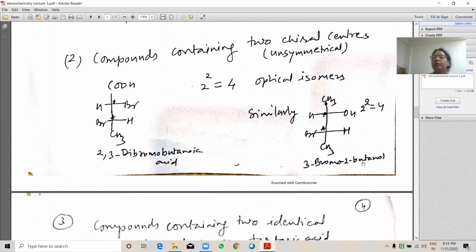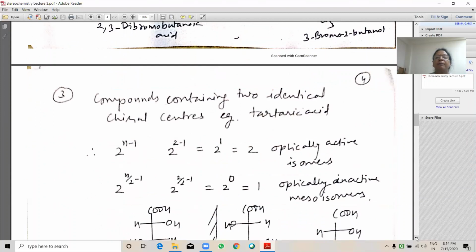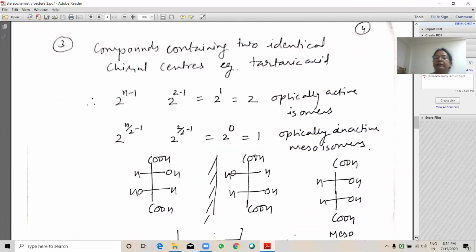Similarly, 3-bromo-2-butanol also has a dissimilar or unsymmetrical environment. So there are 2 chiral centers, 2 chiral carbons, 2 raised to 2 equals 4. So 4 optical isomers. Compounds containing two identical chiral centers or chiral carbons, for example tartaric acid.